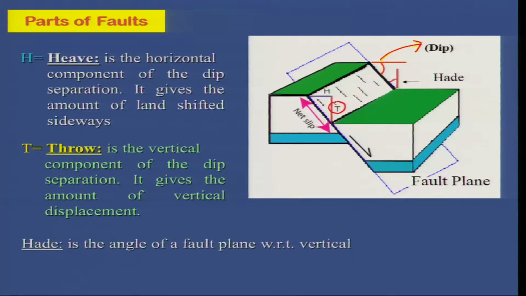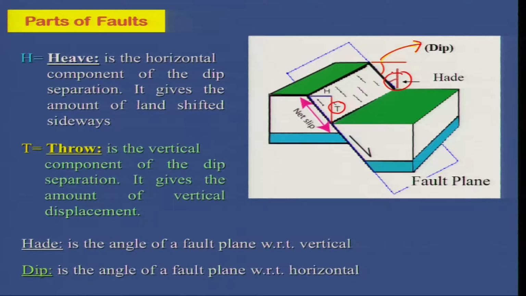And then we have the hade, that is the angle of the fault plane with respect to the vertical. So, this is the hade here. This is with respect to your vertical, and then we have the dip with respect to the horizontal, that is the angle. These are the different parts.